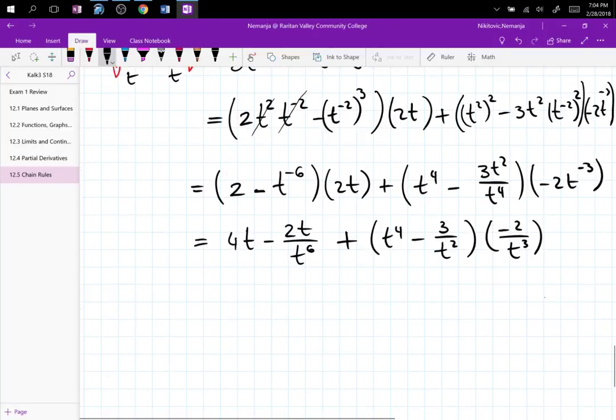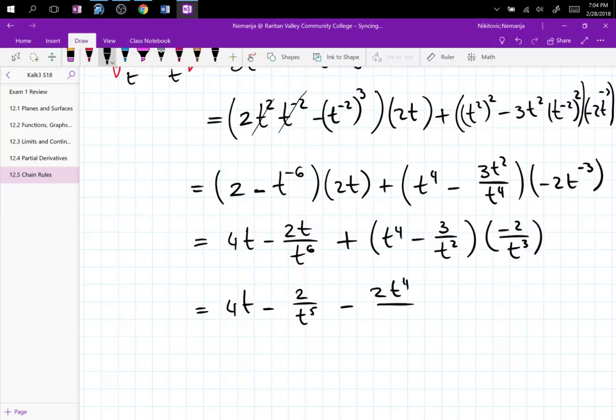I still have work to do. So this is 4t minus 2 over t to the 5, plus, no, minus, we are distributing, 2t to the 4 over t cubed, plus 6 over t to the 5.